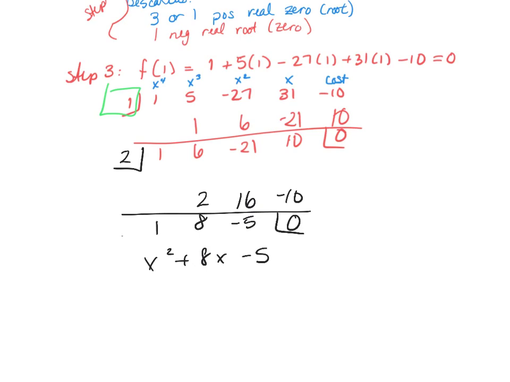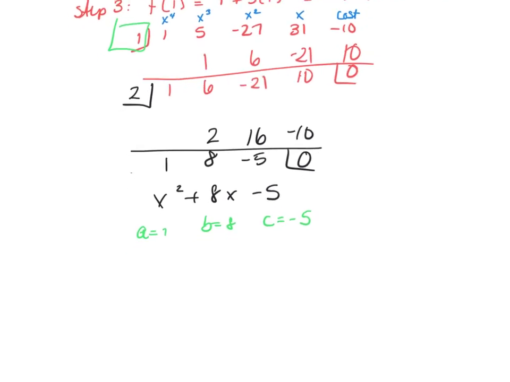Now this doesn't factor, so I'm stuck with a quadratic. Now I've got it down to a power of 2. I can use a quadratic where a equals 1, b equals 8, and c equals negative 5. So I'm going to throw this in the quadratic, and so I've got x is equal to negative 8 plus or minus the square root of 8 squared minus 4 multiplied by 1 multiplied by negative 5 all over 2.